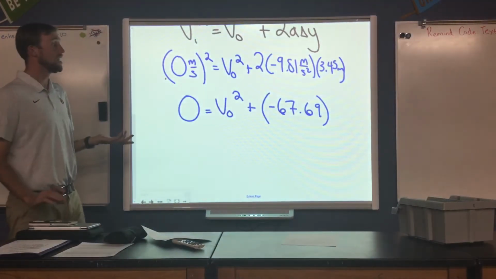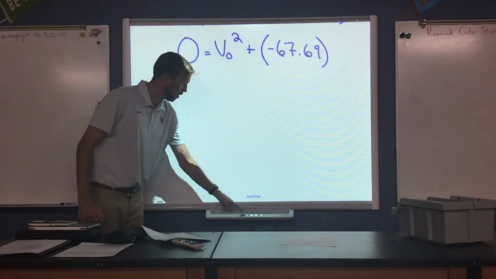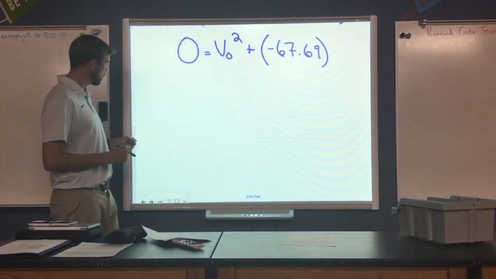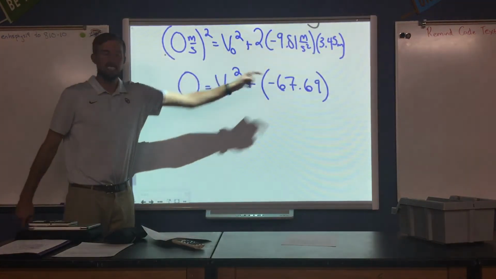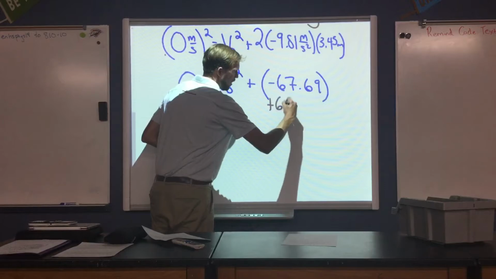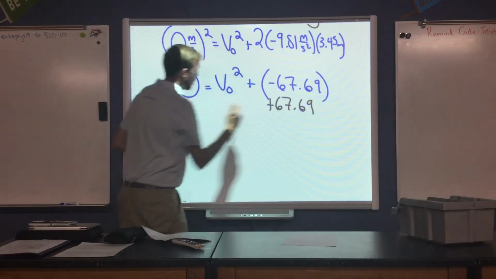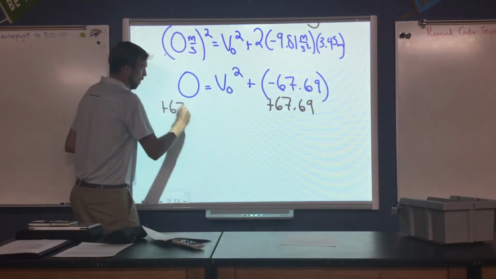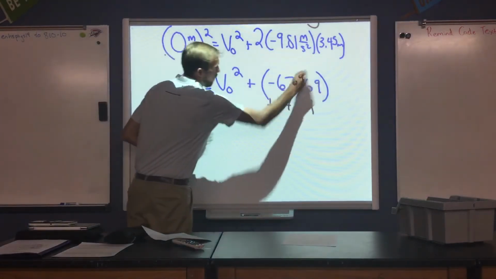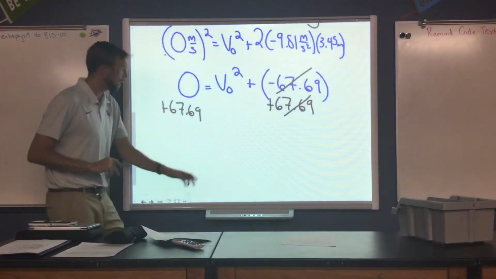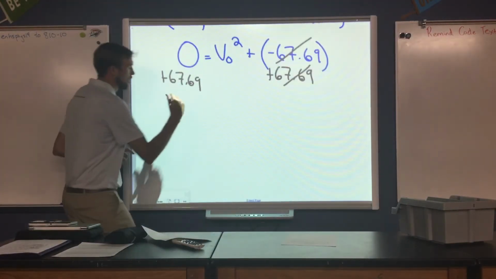So again, we're looking for v0. Now that we have most of our work done, we can take this 67.69 and add it to the other side of our equation. So plus 67.69. These values will cancel out.